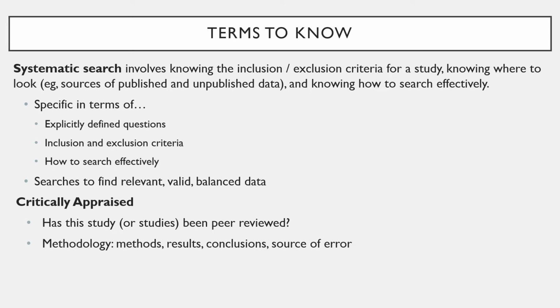Were the researchers influenced somehow by a certain pharmaceutical company or a political group, things like that. And then we want to look at methodologies. So the methods, the results, the conclusions, and any sources of error in the data collection or the data analysis. And then finally, we want to make sure that the study is useful. Is it relevant? Is it valid? And is it free of bias?